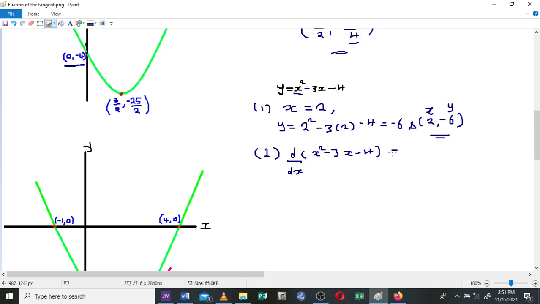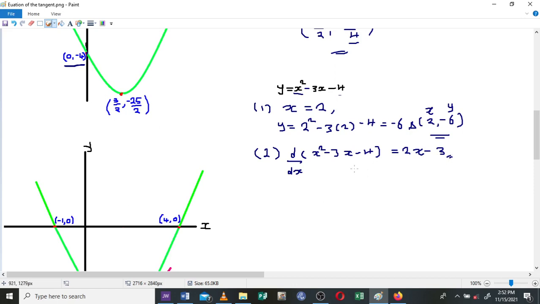So differentiating this gives us, what are we getting here? That's 2x. So we're just getting 2x minus 3 as the first differential of our equation.